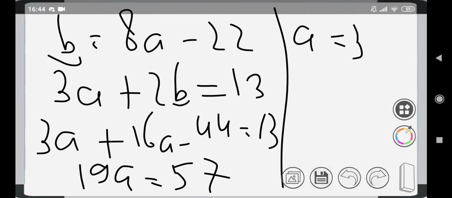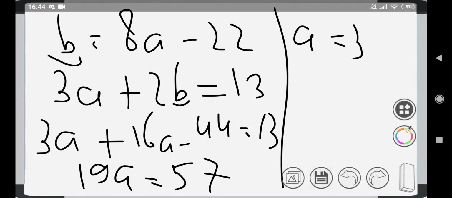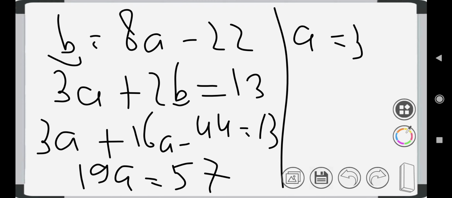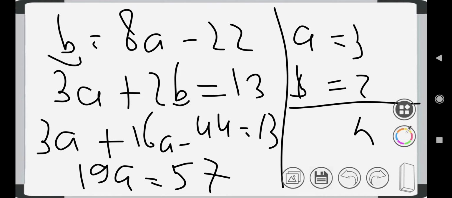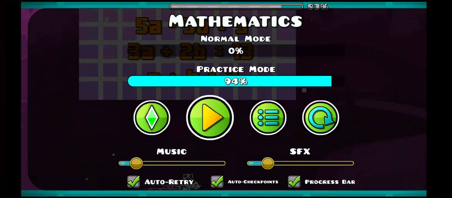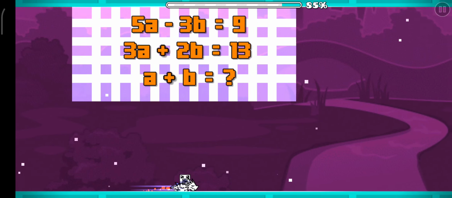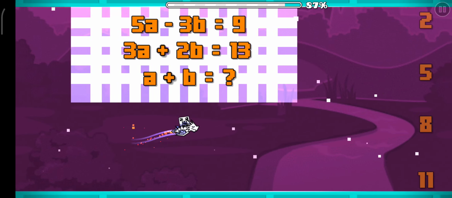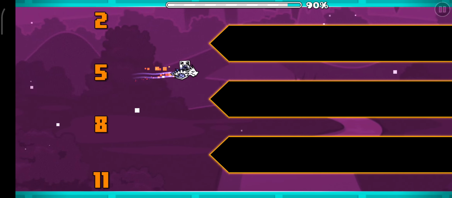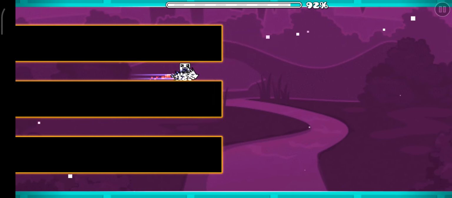If we plug our value of 3 over here, we get 8 times 3 is 24, and 24 minus 22 is 2. In our question we have to find the sum of a and b, and 3 plus 2 is obviously 5. So here is our 5. And like this we are done with this level.